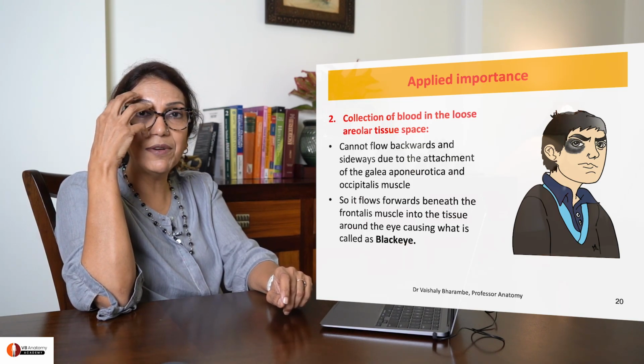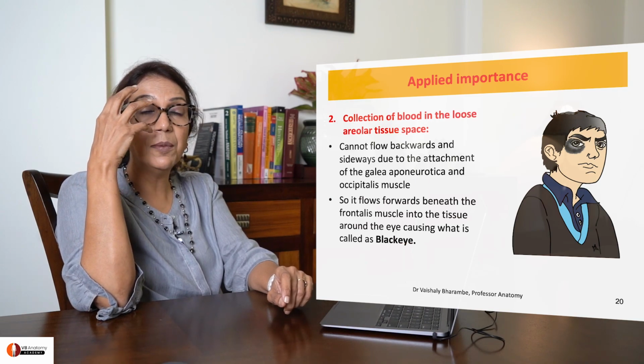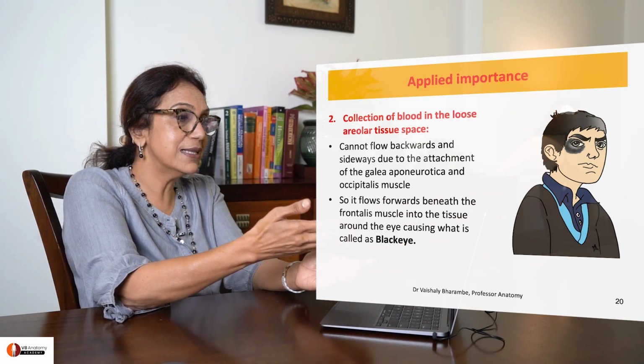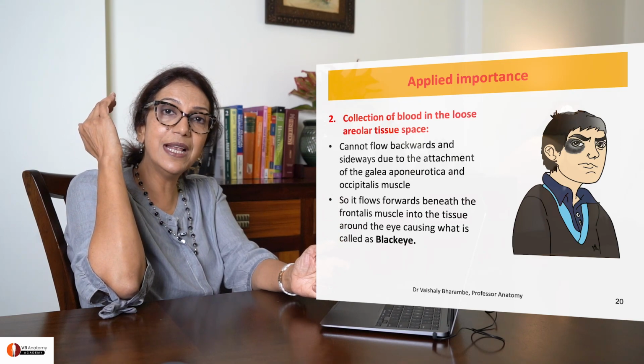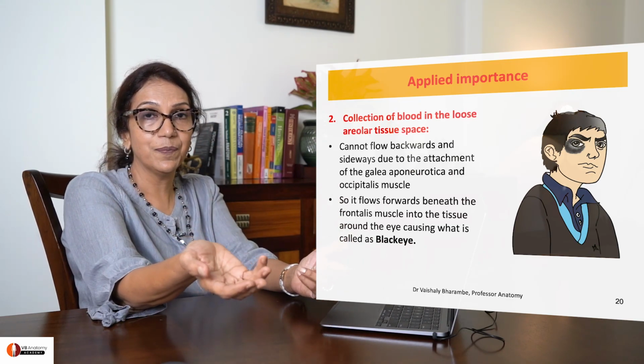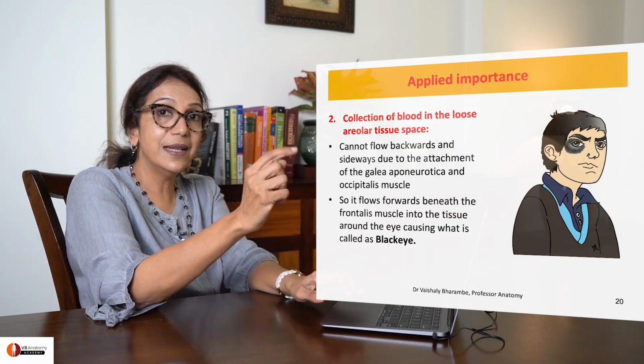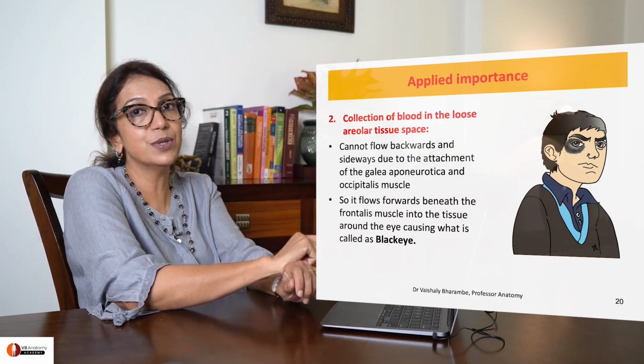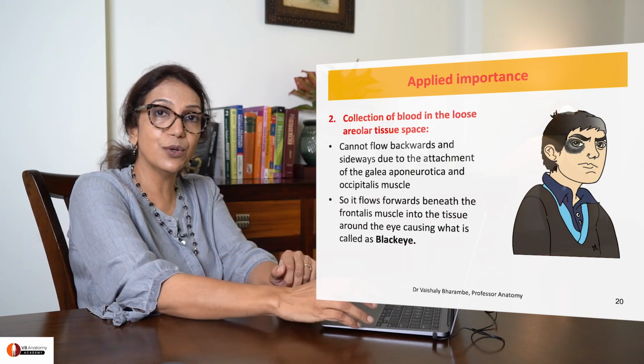Because the blood gravitates here, it looks like a black eye. This is a black eye where the injury is somewhere else and the lesion is showing around the eye. So this is the involvement of loose aponeurotic tissue in the formation of this black eye.